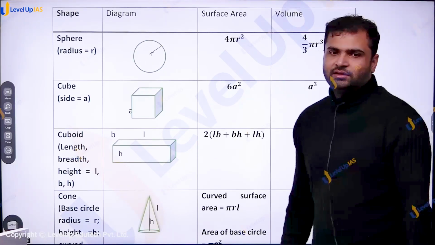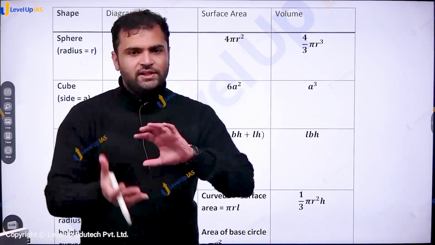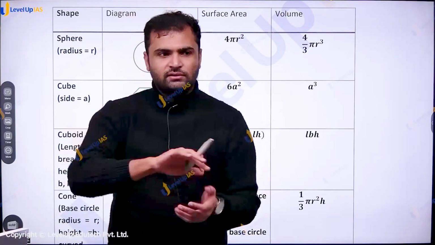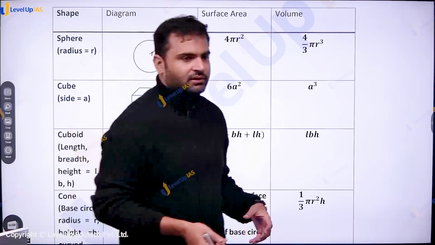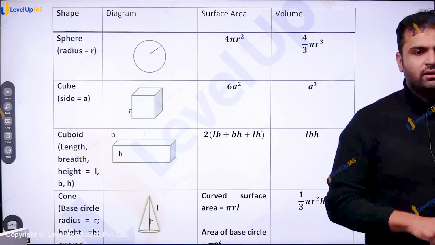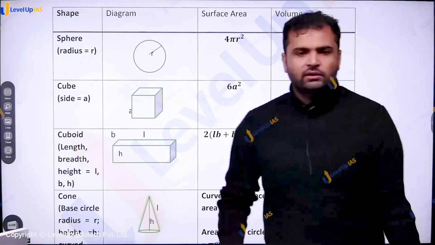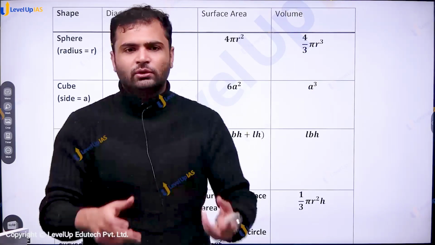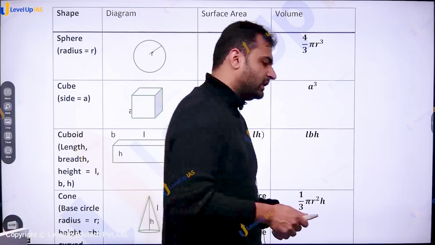Sphere, surface area is, do you understand surface area? What is the area of the outer surface? If I put a covering on it, how much would I need? If I have to put clothing on it, how much cloth will I need? Something like that you can imagine.